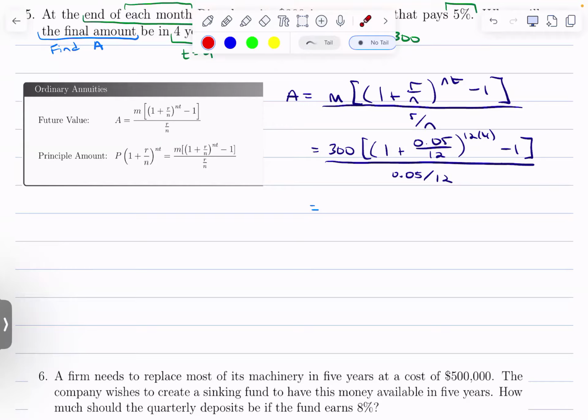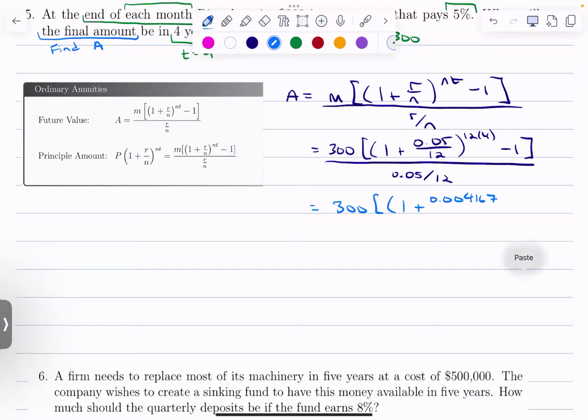0.05 divided by 12 is not anything nice. So I'm going to use the store function. Let's see here. 300 times 1 plus 0.004166 repeating.